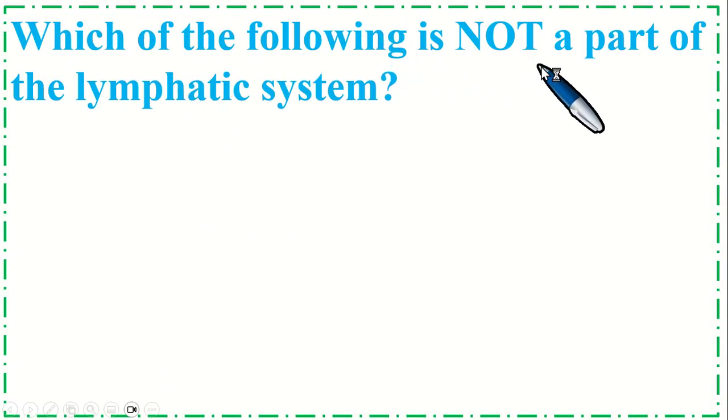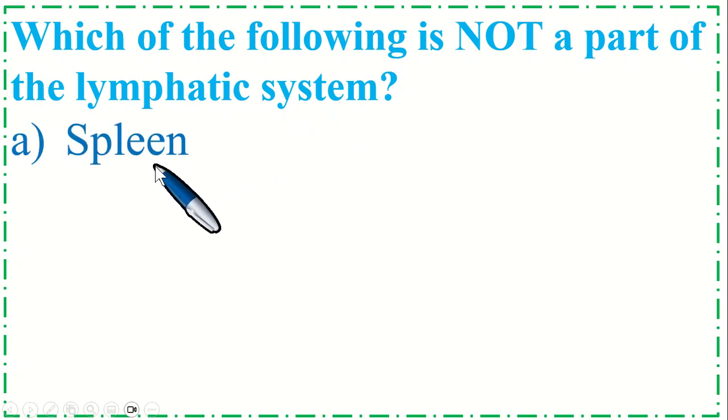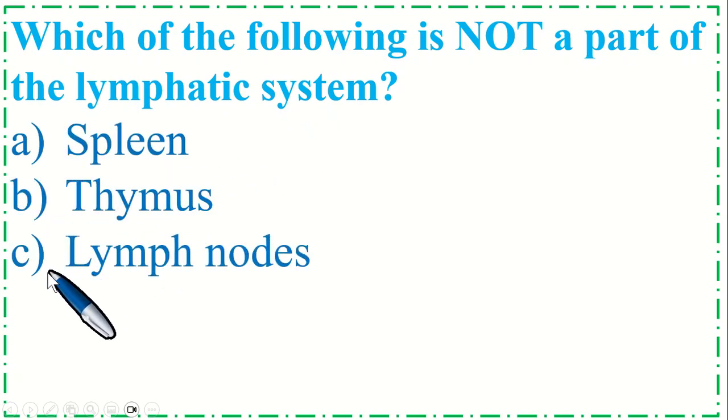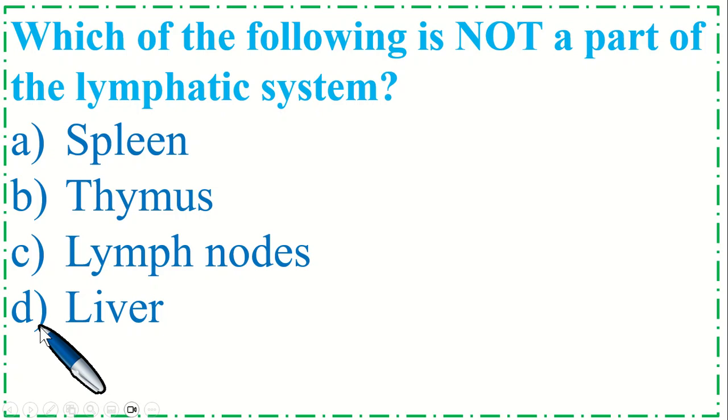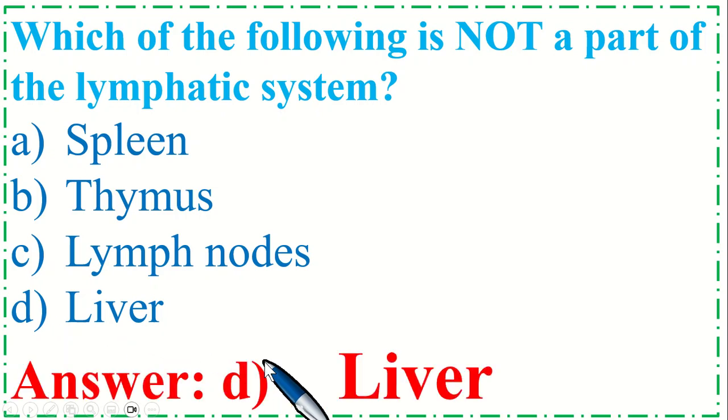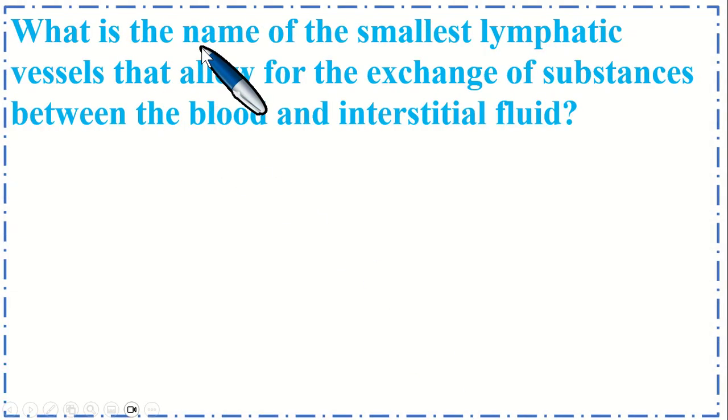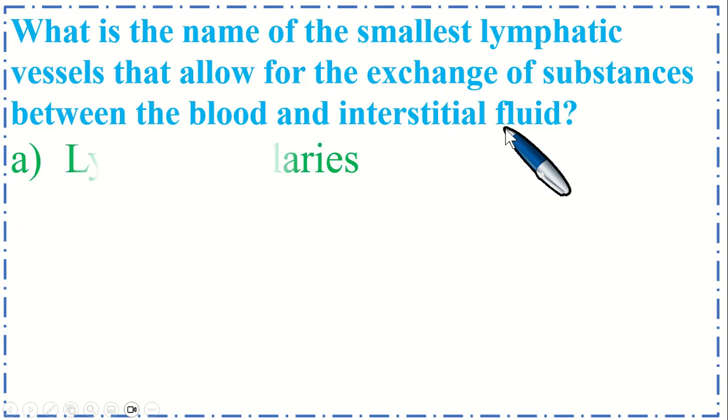Which of the following is not a part of the lymphatic system? Option A spleen, B thymus, C lymph node and option D liver. So the correct option is D liver. What is the name of the smallest lymphatic vessels that allow for the exchange of substances between the blood and interstitial fluid?